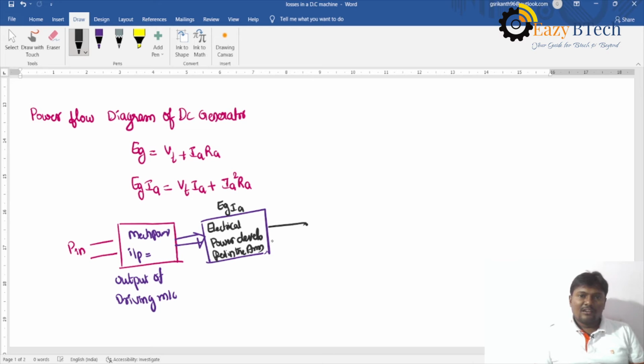From this you can subtract the copper losses. Then I will get the electrical power output, this V into Ia.